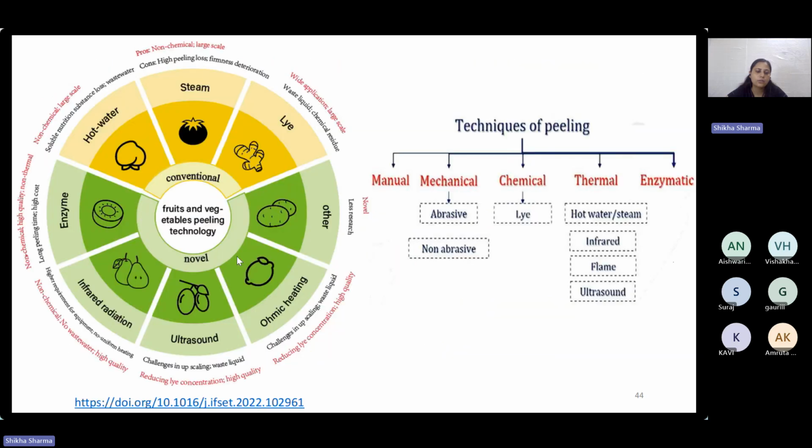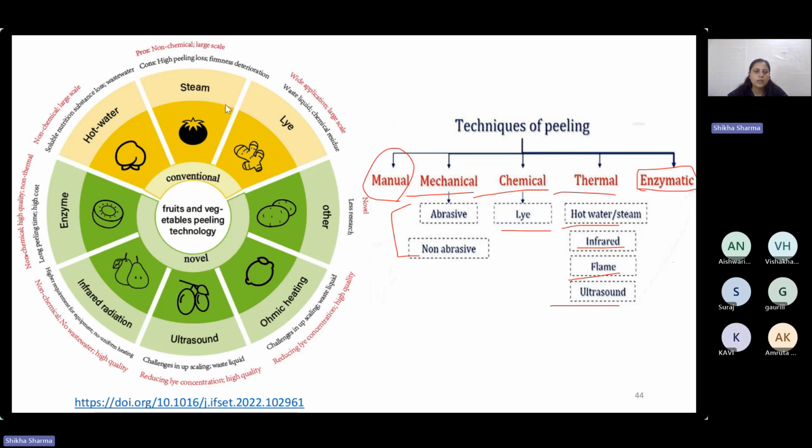And then we have different peeling techniques, like manual peeling and mechanical peeling, which has abrasion and non-abrasion. Then we have chemical peeling, which is lye peeling, and thermal, hot water or steam peeling, infrared, flame peeling, and ultrasound assisted. And then last is enzymatic peeling.